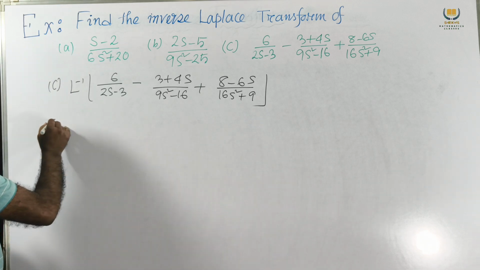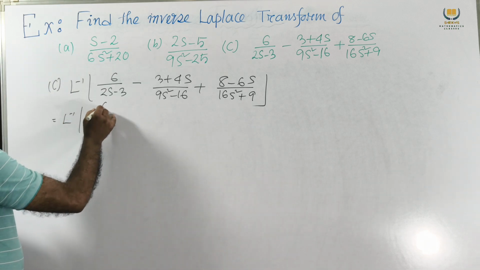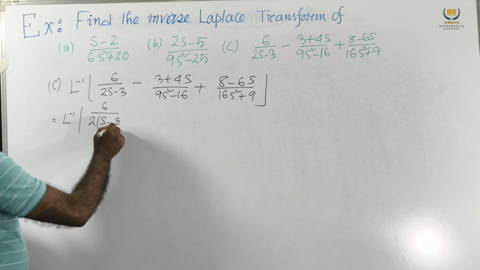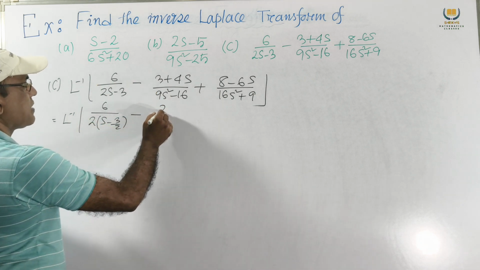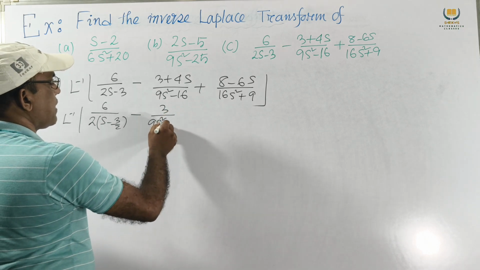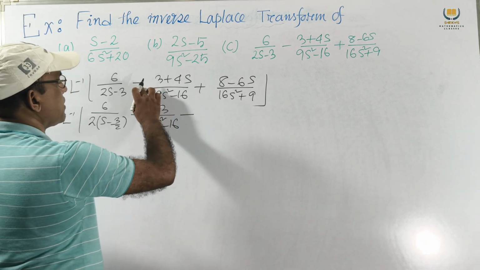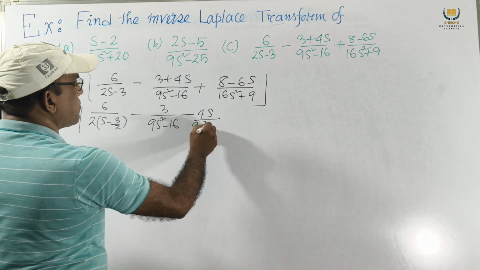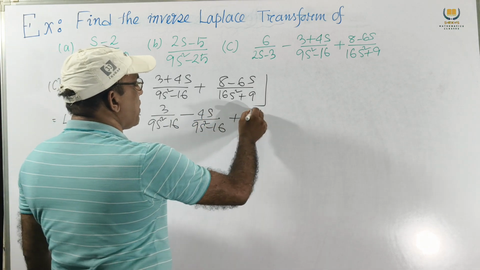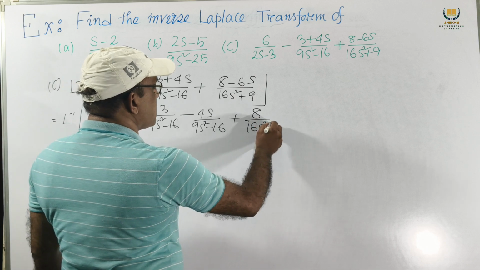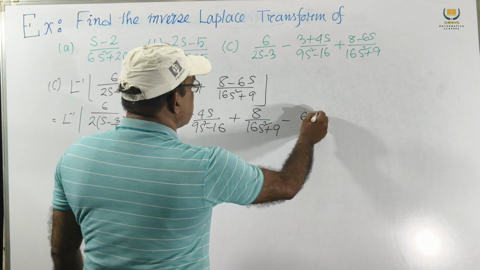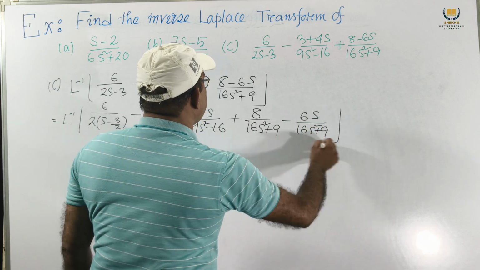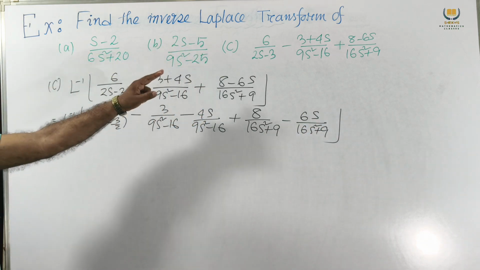Now this is L inverse of 6 by 2(s minus 3 by 2), and we separate this: 3 by 9s square minus 16, minus 4s by 9s square minus 16, 8 by 16s square plus 9, and minus 6s by 16s square plus 9. We separate all of this.